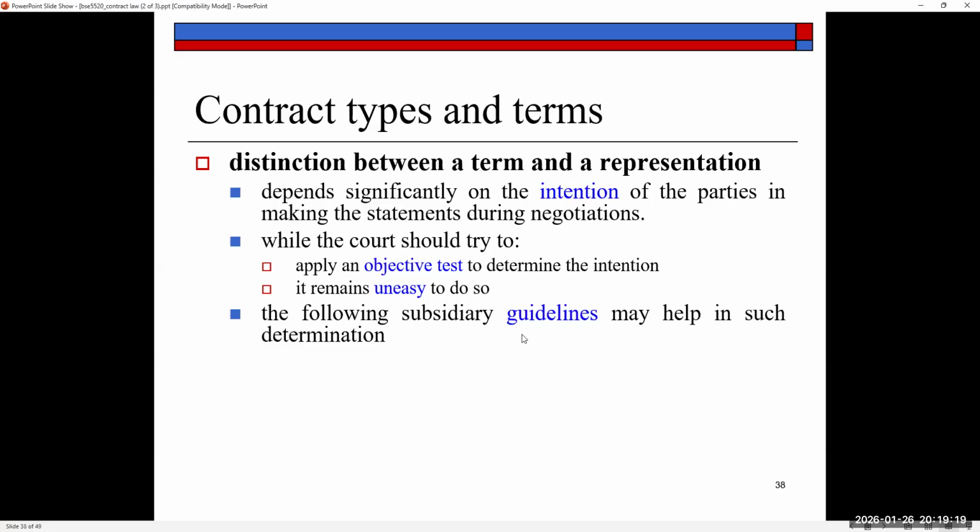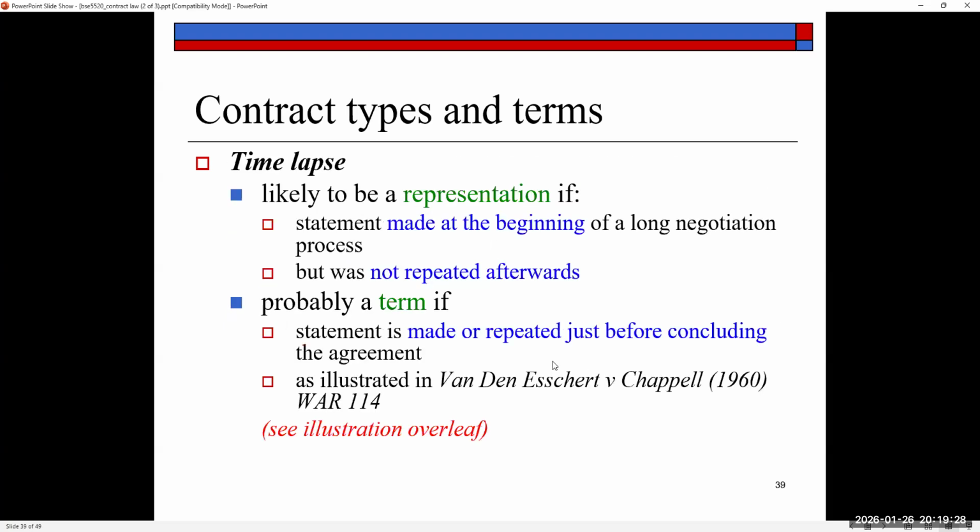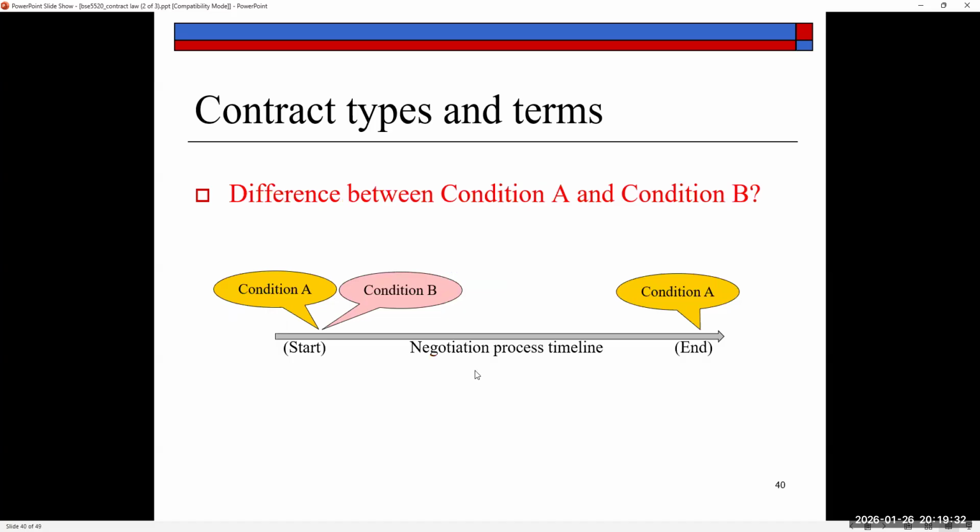But here are some guidelines in determining whether there is an intention. I think I can jump a bit and then I'll go back to explain to you. This will help your understanding.